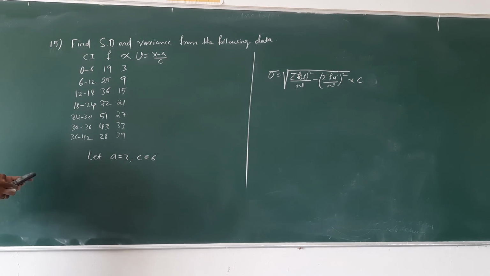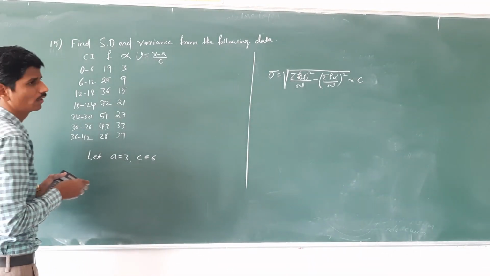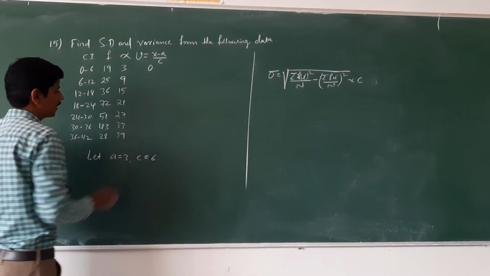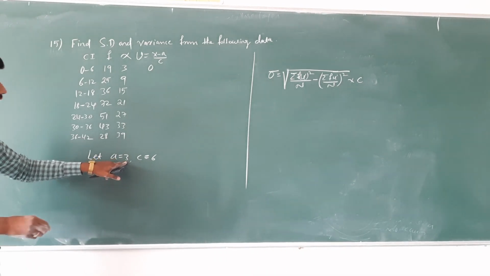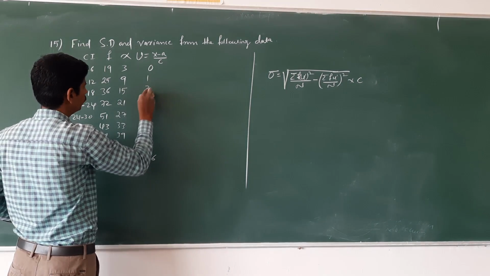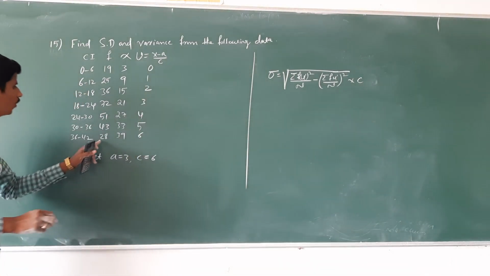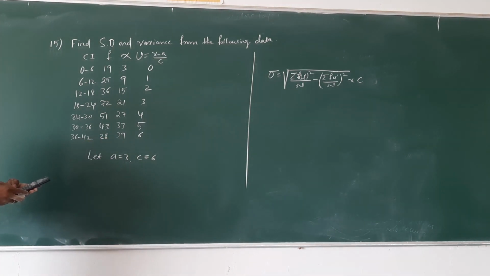Here the x value is 3, 3 minus a value 3 is 0, 0 divided by 6 is 0. The next, 9 minus 3 is 6, 6 by 6 is 1. The next 2, 3, 4, 5 and 6 continuously. Here 39 minus 3 is 33, 36 divided by 6 is 6.